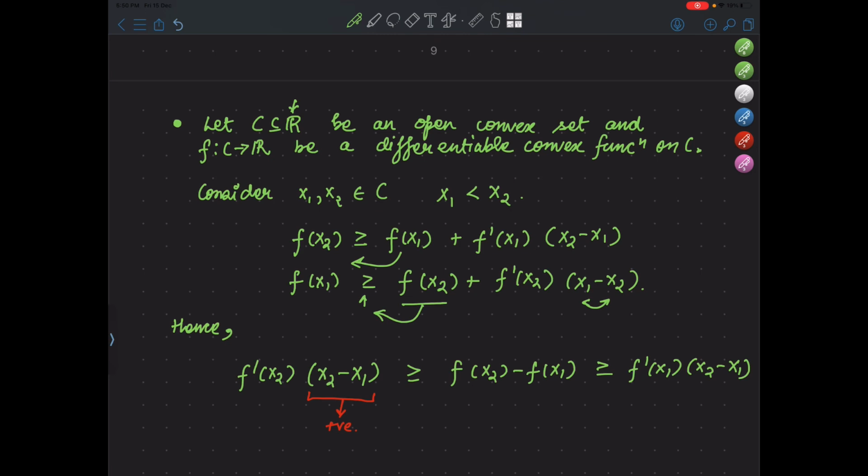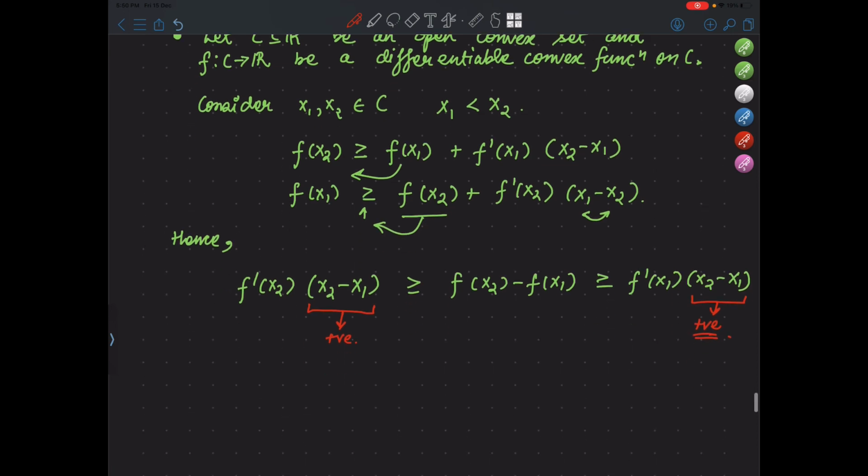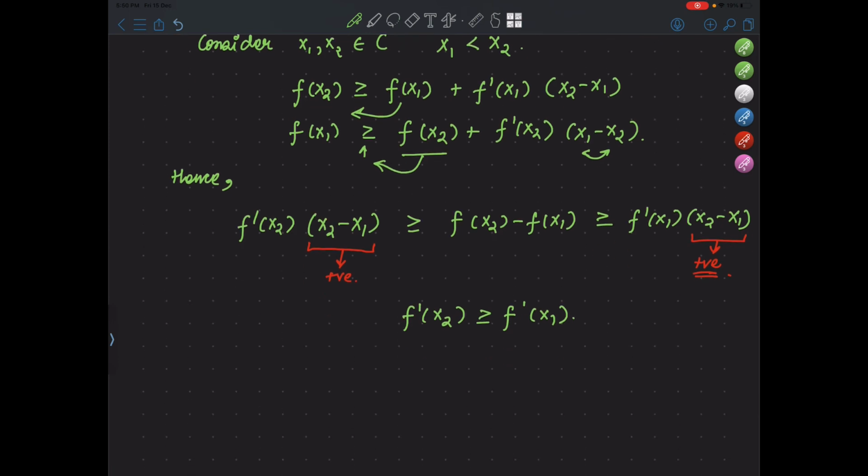You'll get this. Please note that these two are positive quantities, which means that the derivative at x2 is always greater than or equal to the derivative at x1.